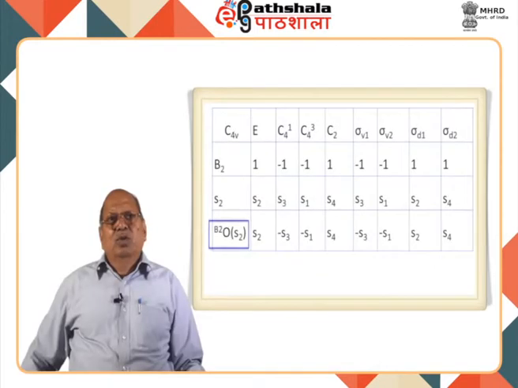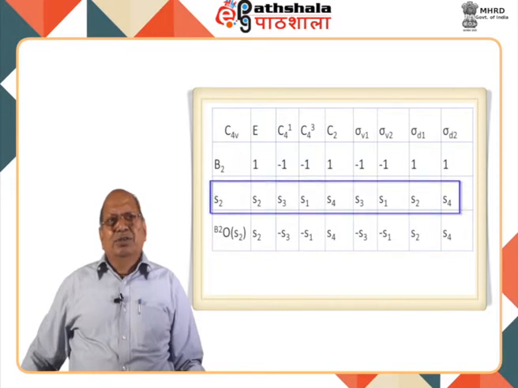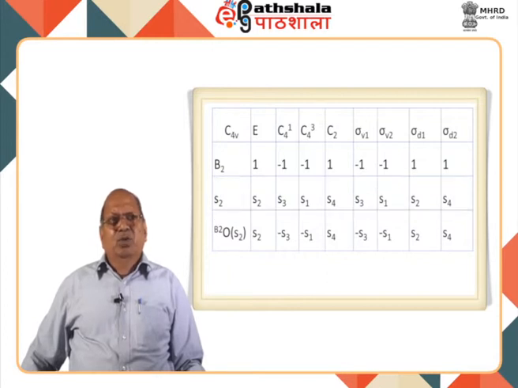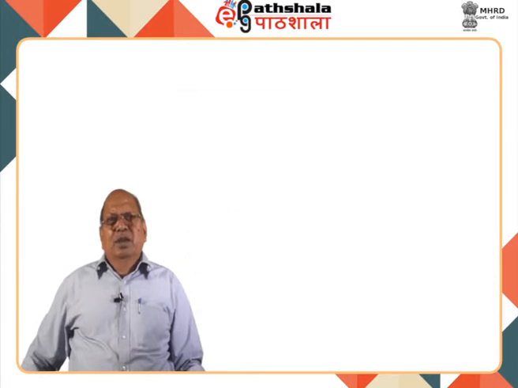Now, if we make use of B2 on S2, let us take the transformation operator corresponding to B2 symmetry and evaluate the effect on the S2 function. The result is given in this row against S2: S2, S3, S1, S4, S3, S1, S2 and S4, and B2 on S2 is given as shown here.